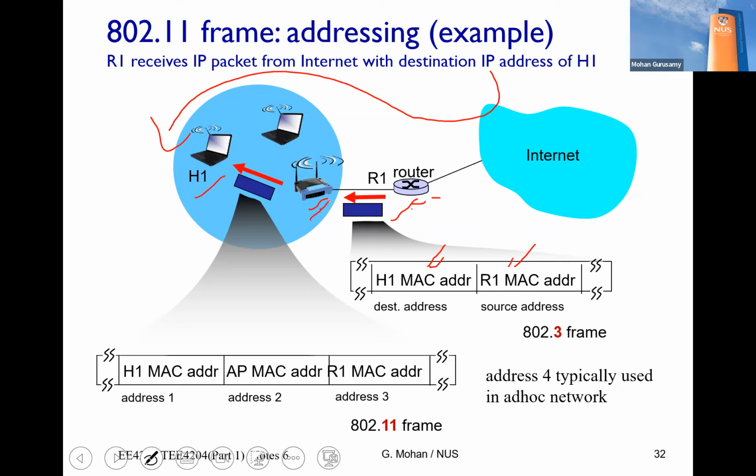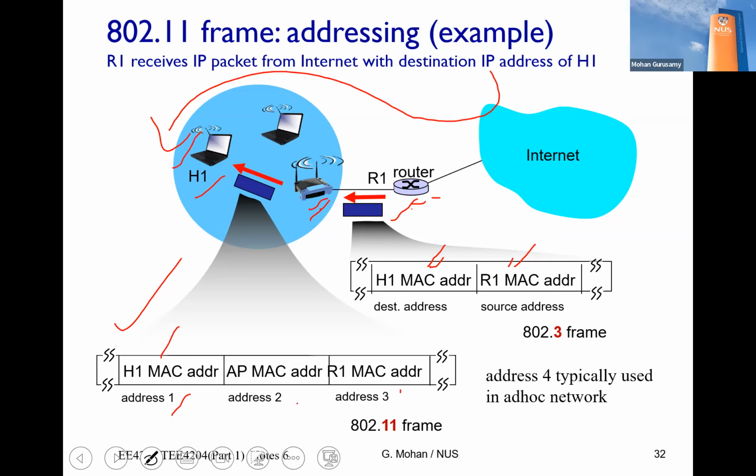When it is received by the access point, it will send another frame on the wireless network. That should be a Wi-Fi frame. A Wi-Fi frame has three addresses: address 1, address 2, address 3. Address 1 is the destination address, which is H1.